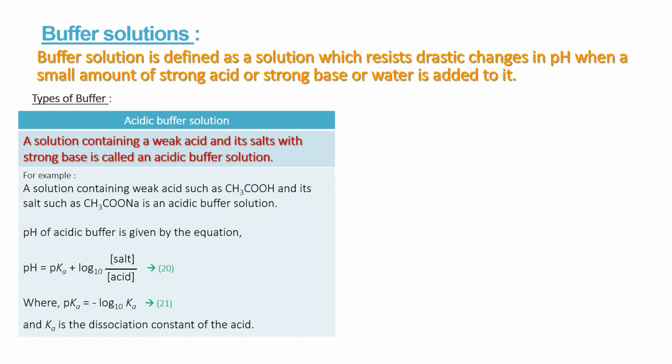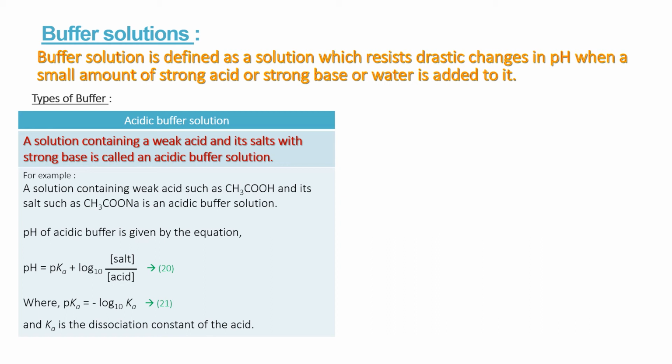That is called an acidic buffer solution. Let us take an example: a solution containing a weak acid, acetic acid, and its salt with a strong base, sodium acetate. Both of these together act as an acidic buffer solution.